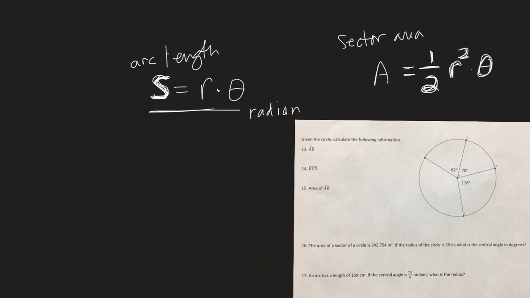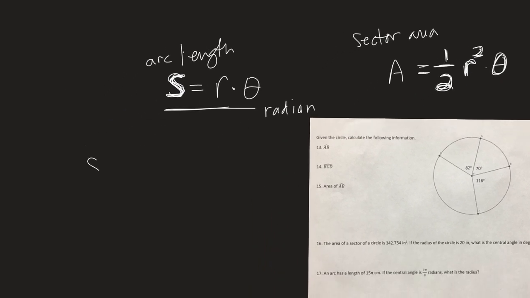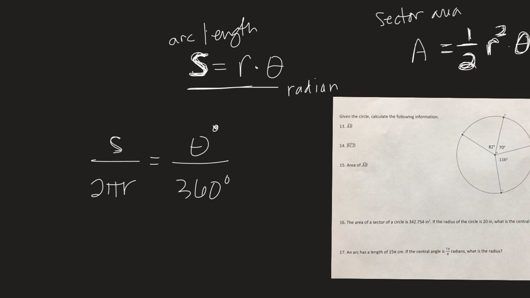Now, what if we have a degree? Well, there you have a ratio. So S over 2 pi r, the total circumference, equals your central angle over 360. Notice we have our angle in degrees. For arc length it's over 2 pi r, the circumference formula.